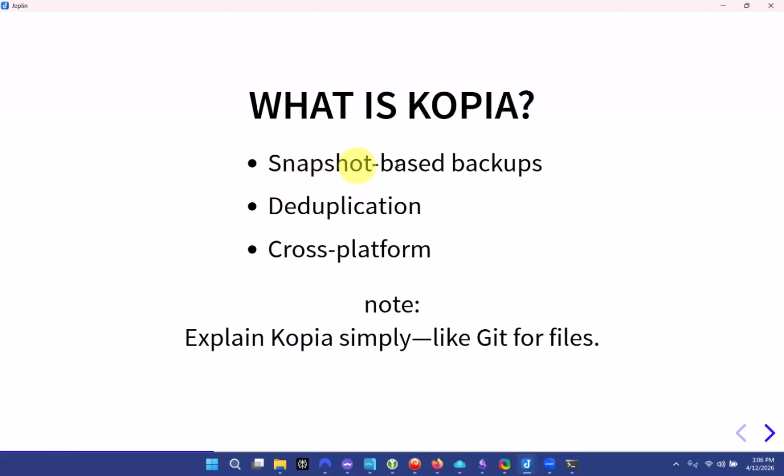What the snapshot does is Copia looks at all your data, and it basically takes a picture of what all your files look like, and it will grab everything and put it into an encrypted database. And you can do snapshots frequently, and it will only back up to the cloud whatever has changed.